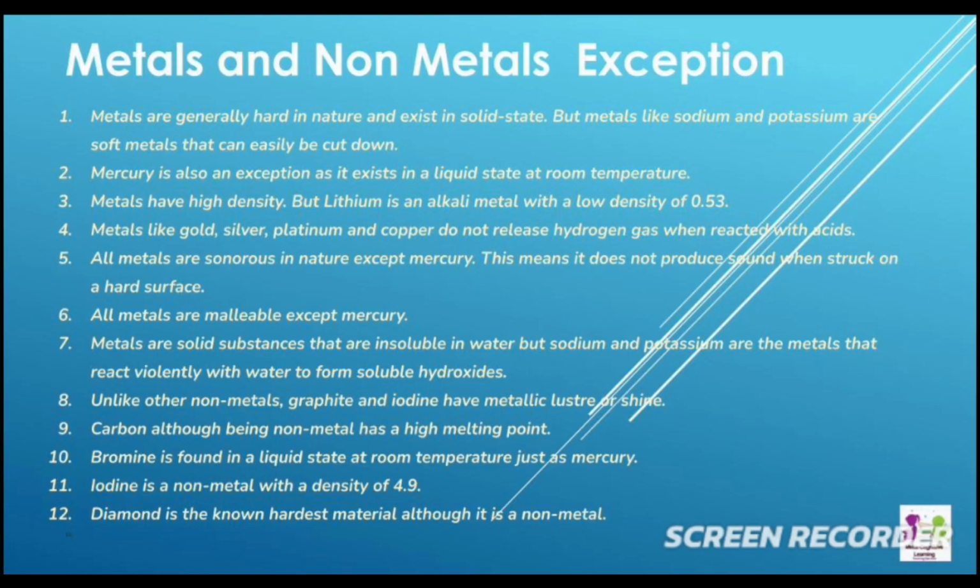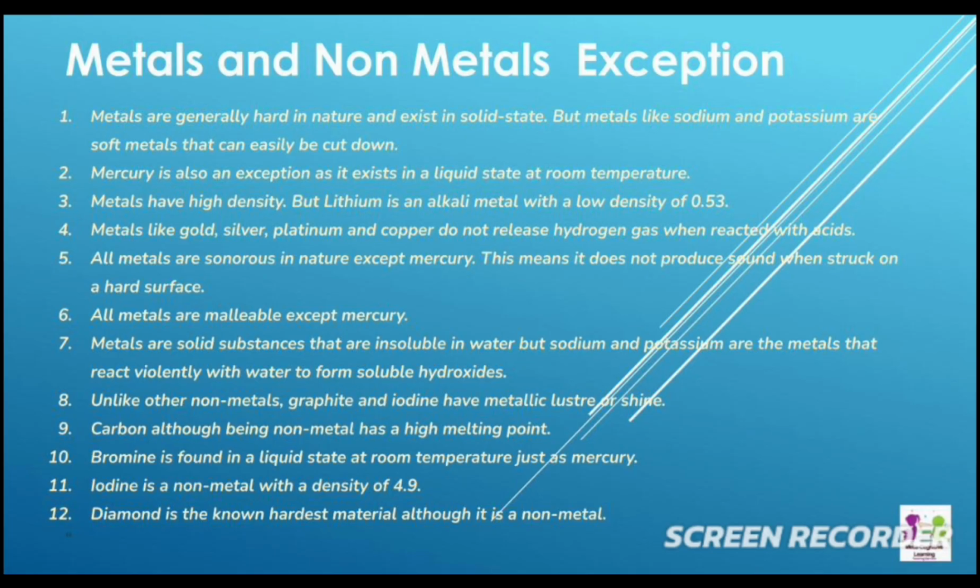So carbon is available in multiple forms like graphite, diamond, charcoal. So each of them, even though they are made up of carbon, have completely different properties. So carbon being a non-metal, it has a high melting point in case of diamond.